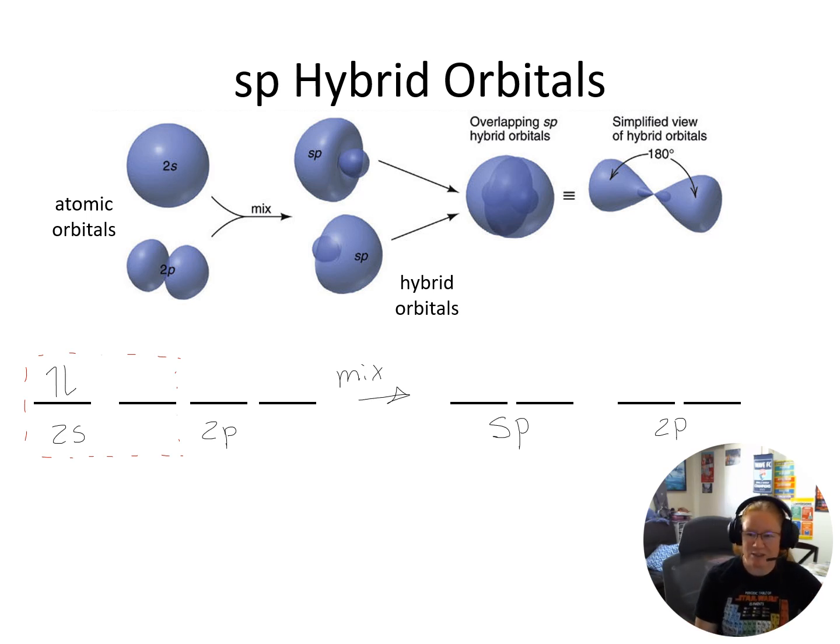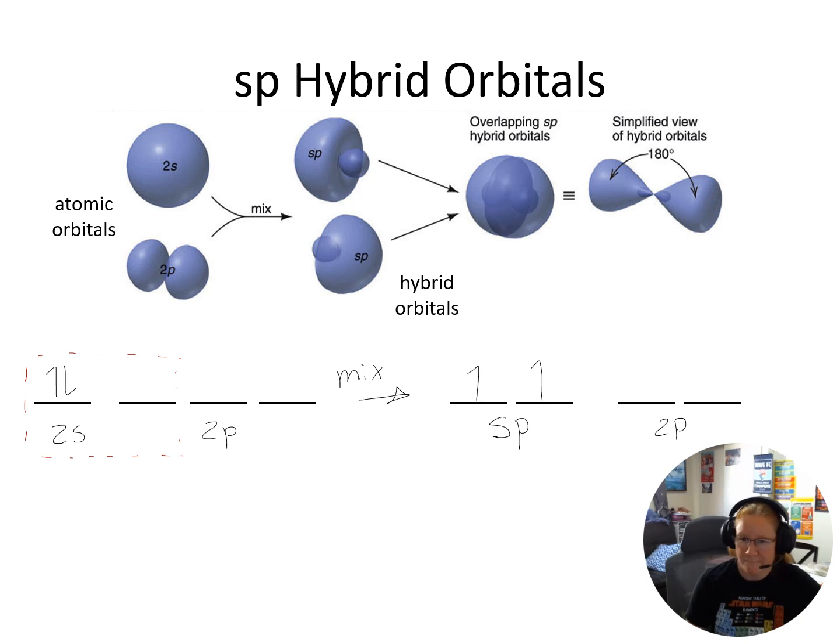Situations where I have stuff left over in my unhybridized p orbitals can give us places to put things for double or triple bonds. When I mix, I do the same thing I do when I distribute electrons in a normal partial orbital diagram: 1 electron per orbital, and then I go back and spin pair as necessary.